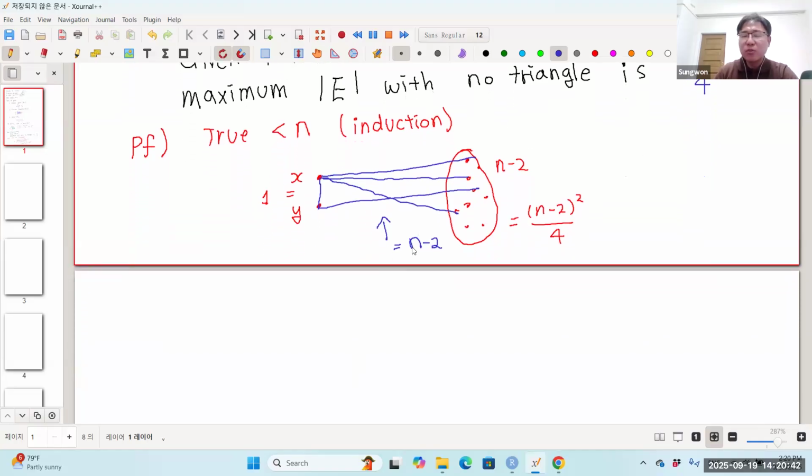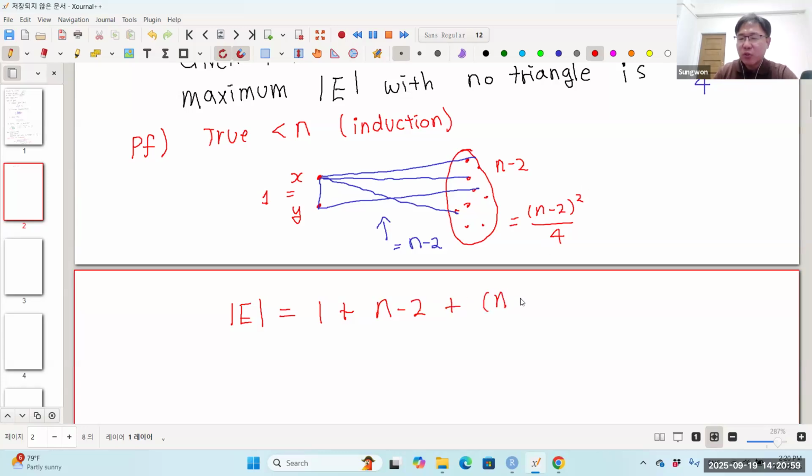So now if you count those, the maximum number of edges is 1 plus n minus 2, plus this one from the induction, n minus 2 squared over 4. I should put this as an inequality.